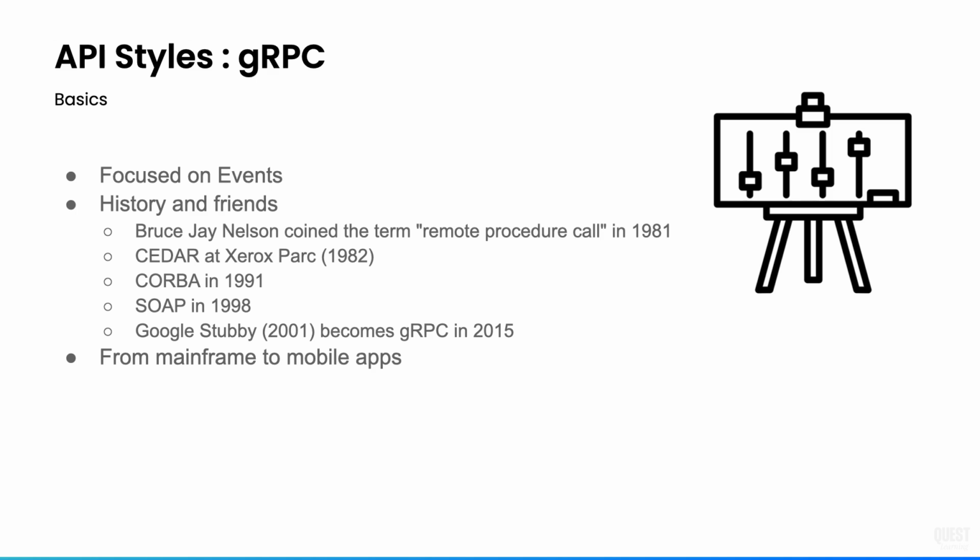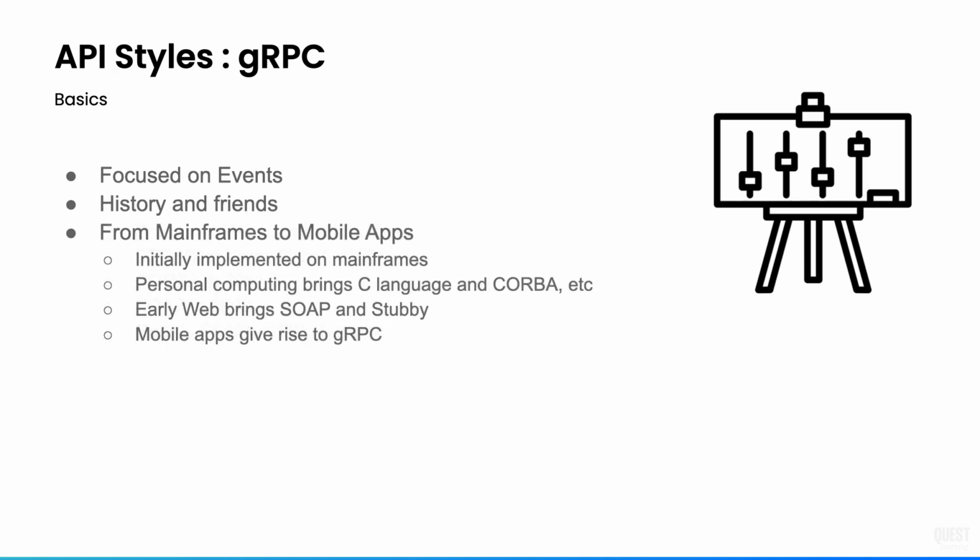When we got the web, we got SOAP, which was Simple Object Access Protocol in 1998. And around about that same time, within a few years, Google had implemented its first RPC style, and it was internally called Stubby because they were little stubs. The interface was referred to as a stub, and it later was released as gRPC to the public in 2015.